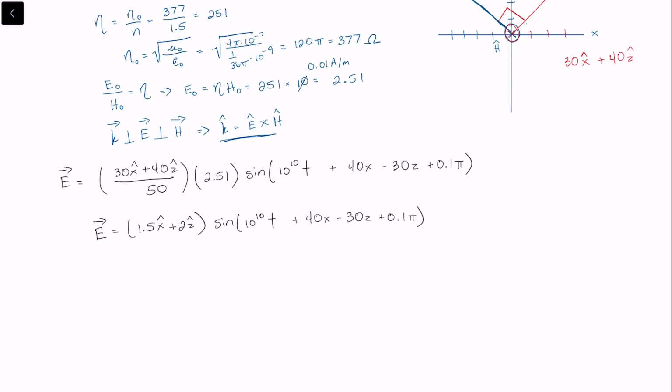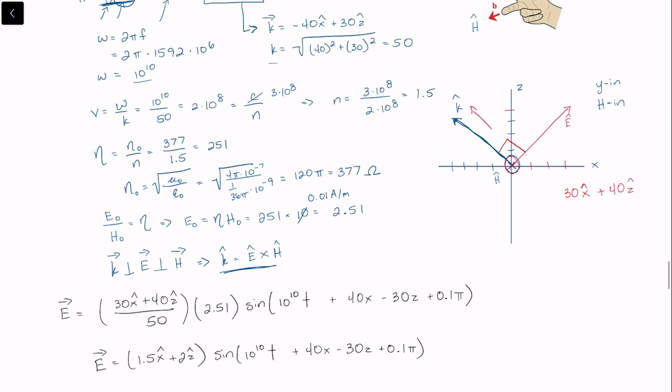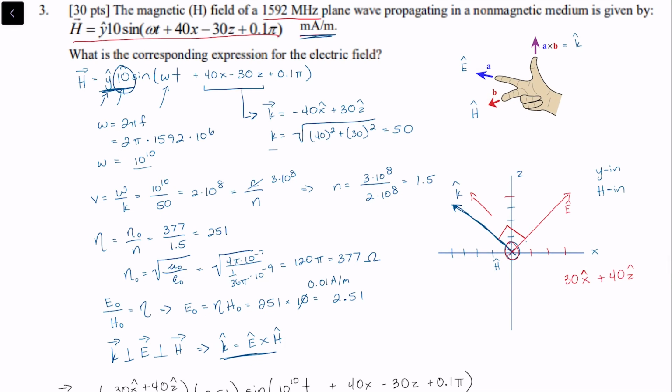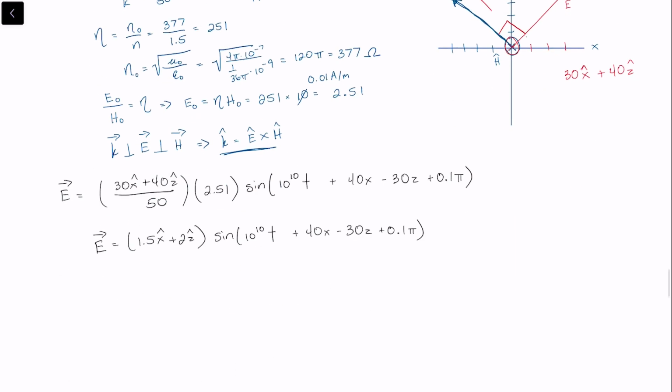And are we finished? No. Remember, the original equation was given in milliamps per meters, but we converted the magnitude into amps per meter. This means that our electric field will be in volts per meter units.